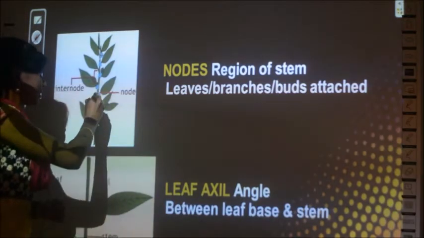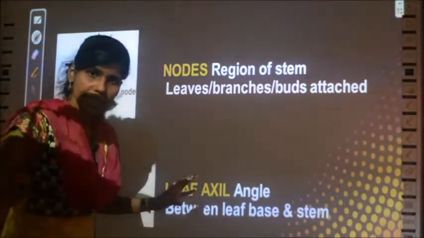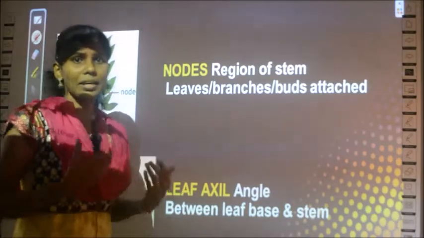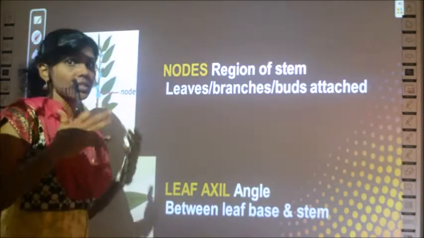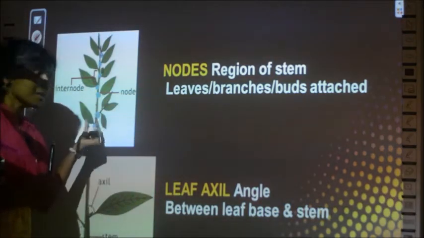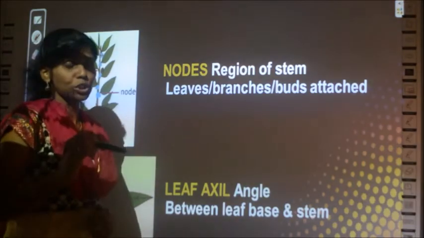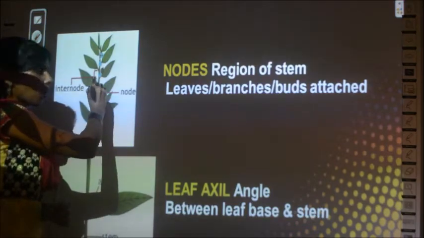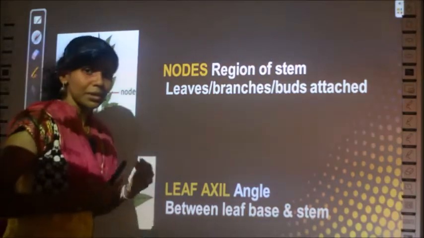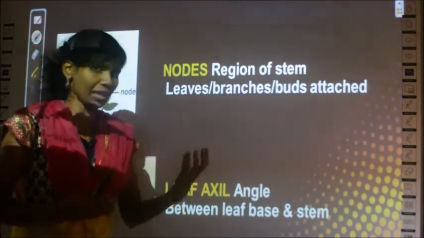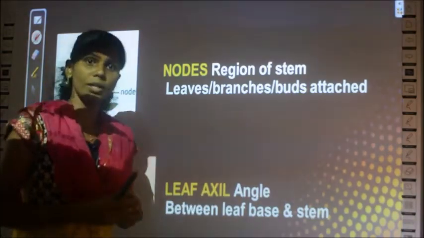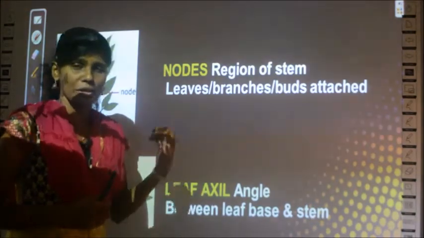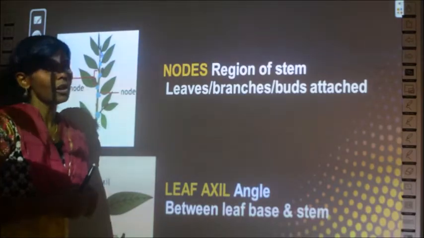See, these blank regions where nothing is attached to the stem can't be called nodes. If something is attached to the stem region, then that portion is called a node. So these blue dots are all nodes because either a leaf, a branch or a bud is attached to the stem, right?